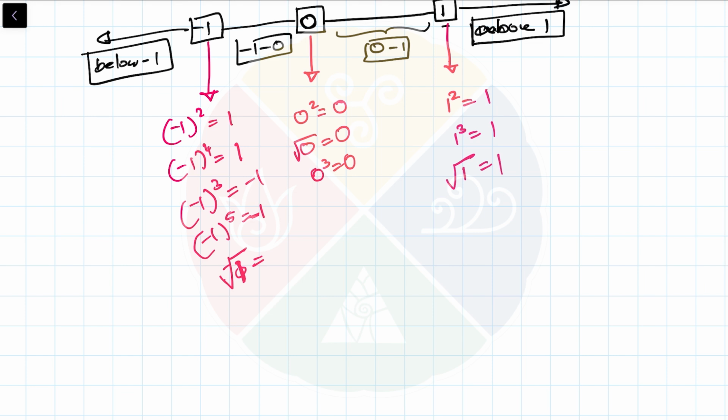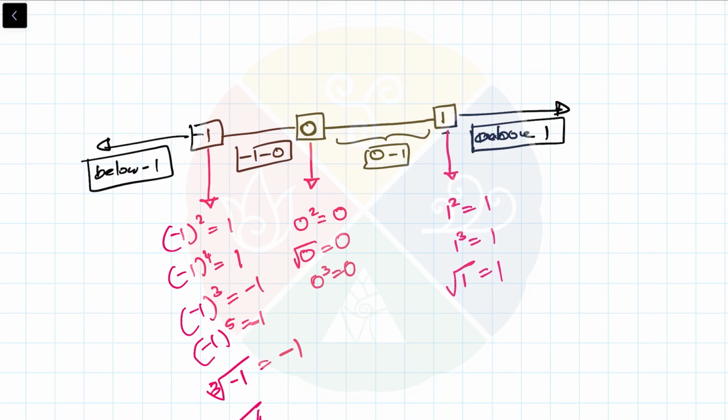Taking the cube root of minus 1 is fine; the cube root of minus 1 is going to be minus 1. But the square root of minus 1 will create an imaginary number, so that is going to create some issues. That's the behavior of that group.